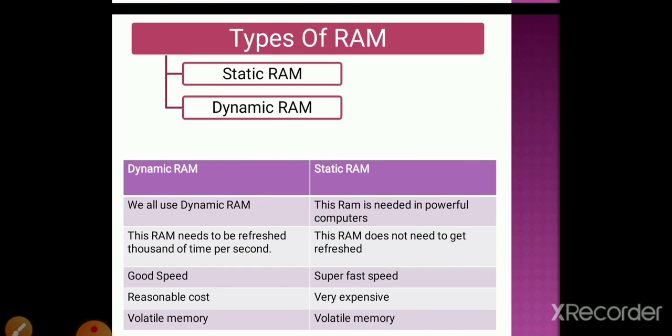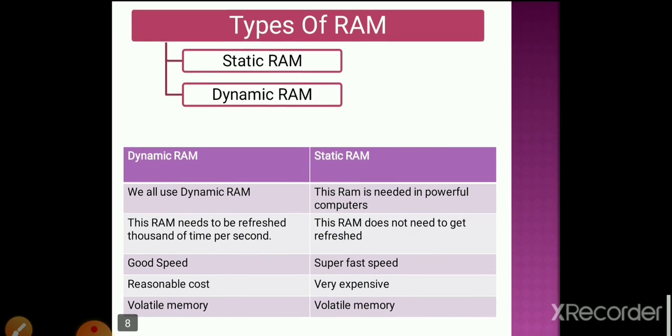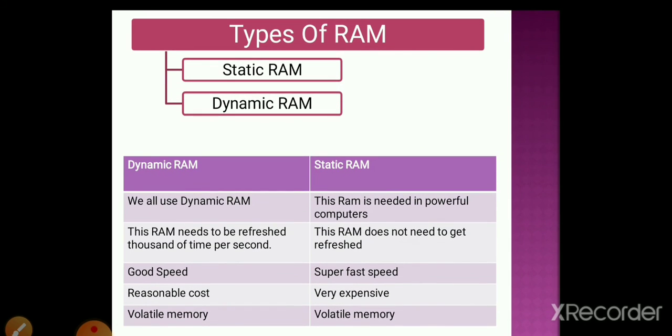Dynamic RAM is reasonable in cost, very reasonable for purchasing, and static RAM is very expensive. Dynamic RAM is also called a volatile memory and static RAM is also called a volatile memory.